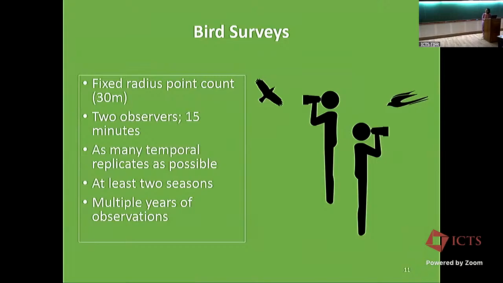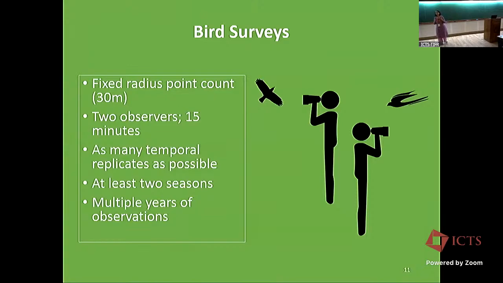And usually we have 2 observers. And we try to take as many temporal or time-wise replicates as possible. I know you've been looking at the issue of sampling in this course. And temporal replication is absolutely necessary because you can understand there's a lot of variation in nature, right? A lot of variance. If you take any particular variable, you'll see a very wide fluctuation in that variable.